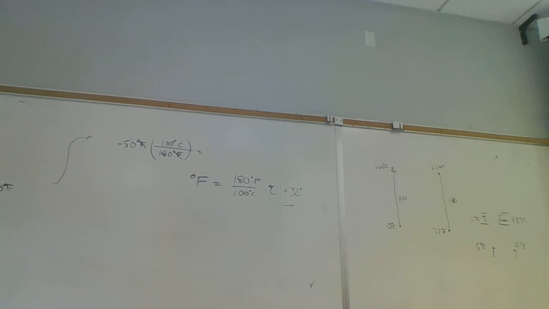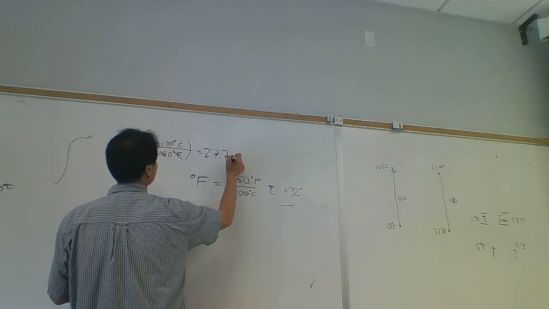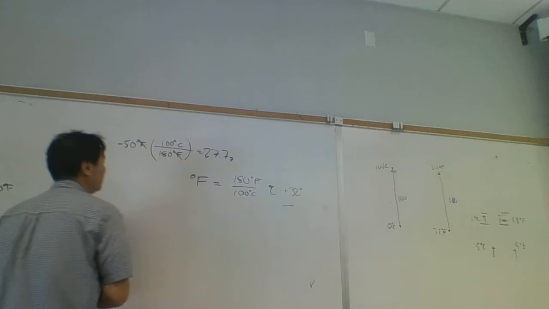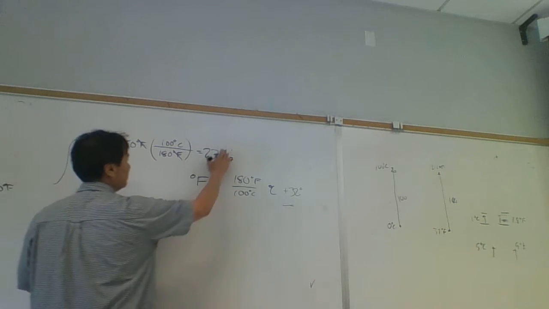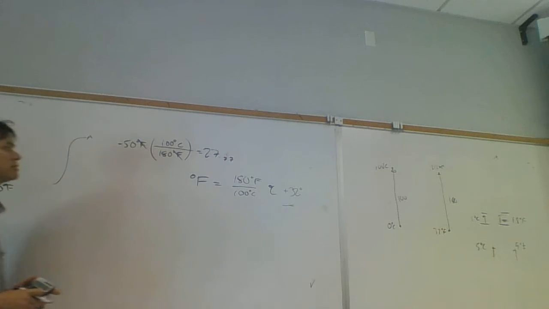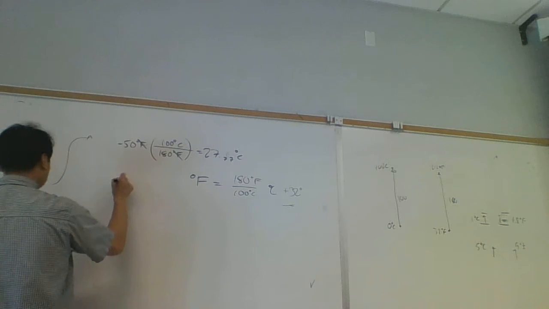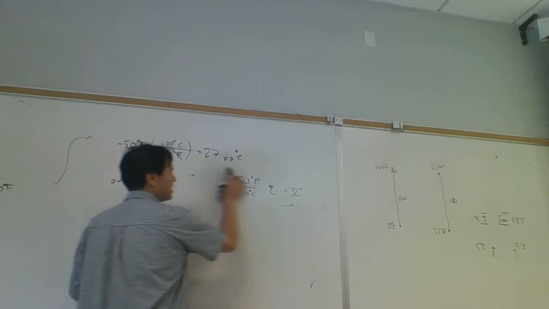The change here would be 50 times 100 divided by 180. 27.7. Actually, I'm only allowed 1 sig fig, but I'll just carry it to 2 sig fig. 27.77 degrees C.